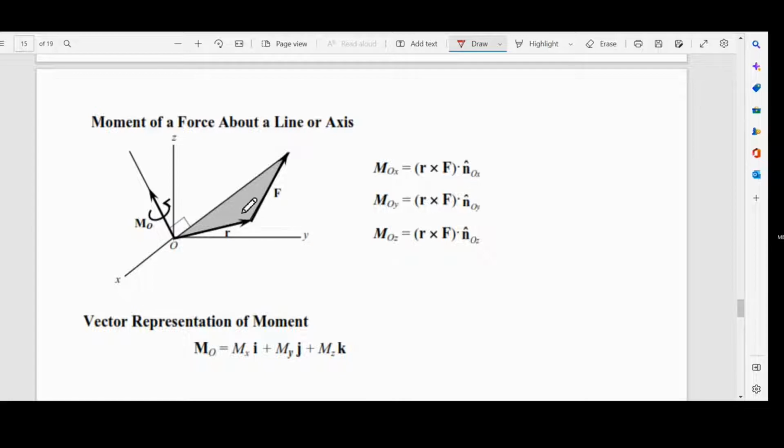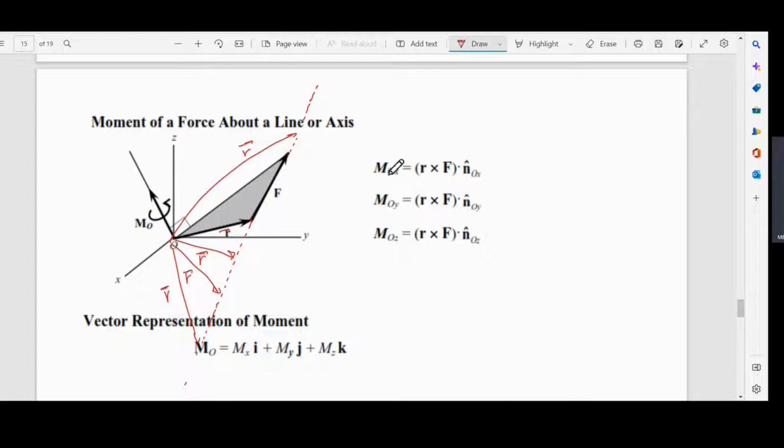Dito, we have a force F. Sabi natin kanina, yung position vector R natin can be drawn anywhere from our moment center O to the point anywhere on the line of action of force F. So, yung R natin ulit dito can be anywhere along the line of action of our force F. Okay? Pwede dyan. Pwede rin dito. Pwede rin doon. Basta anywhere on the line of action of our force F.